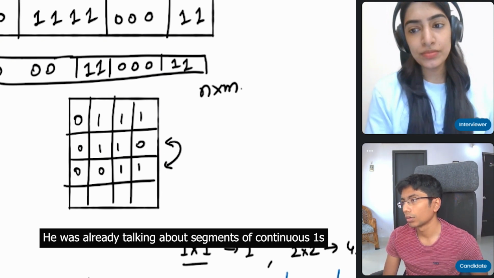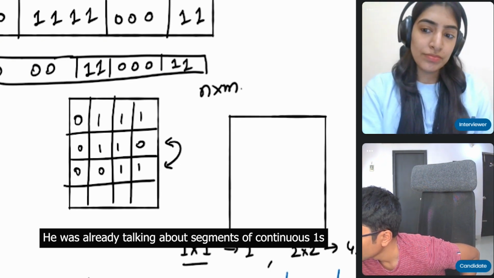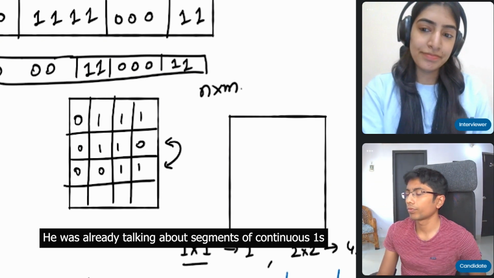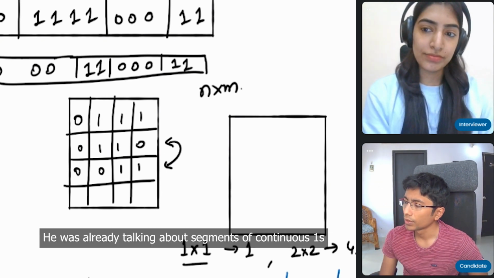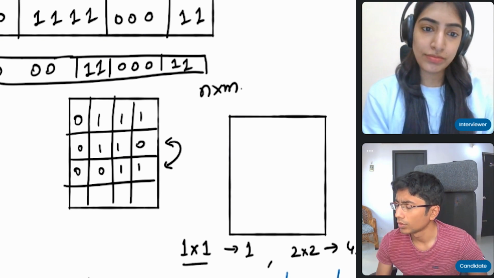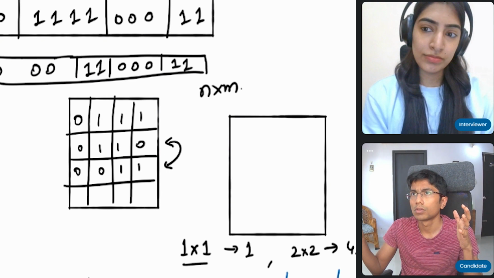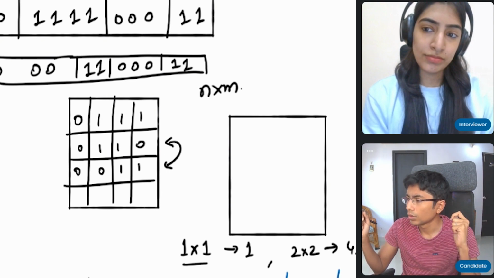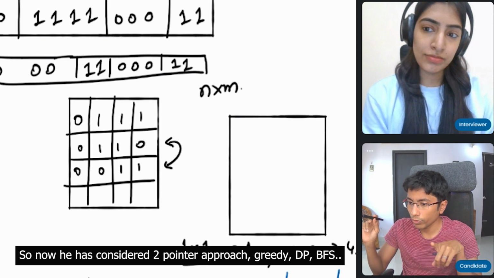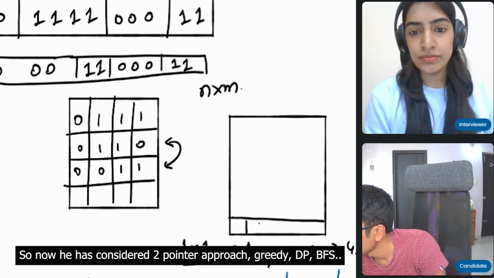Let me try to figure out what kind of pre-computation will help here. The first one on this side, no. Number of ones, no, that's not helping. I'm thinking of a two-pointer approach also, where we have the first section.